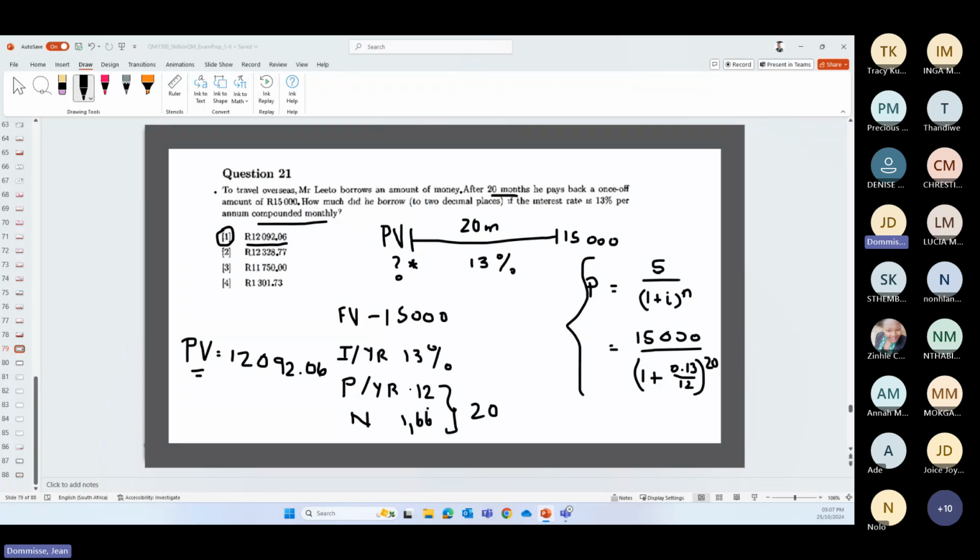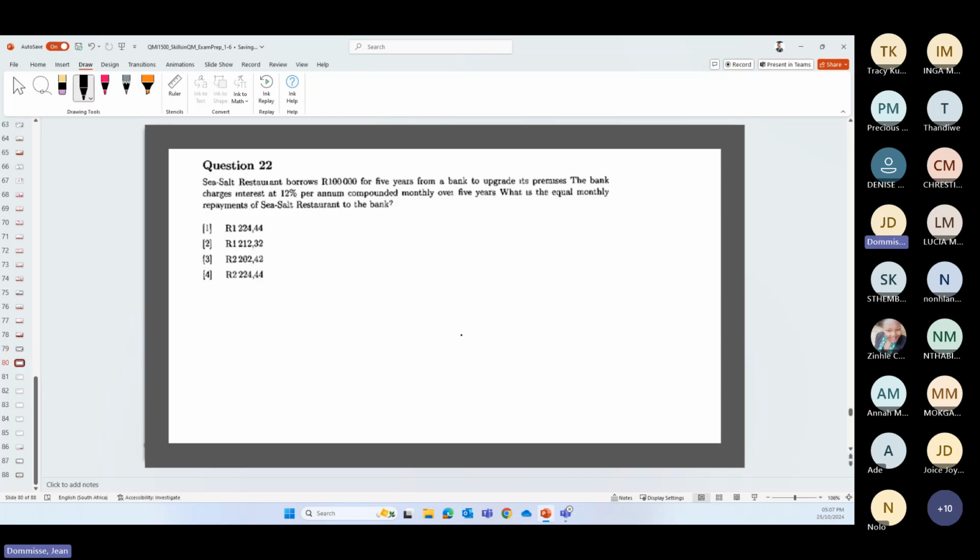They're not going to look at the method, how you got to that answer. So this one was basically a compound monthly calculation. Let's hope there's a simple interest one as well, but we'll only see that as we work through it.